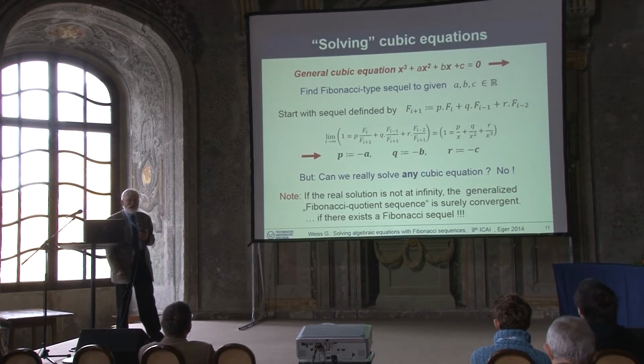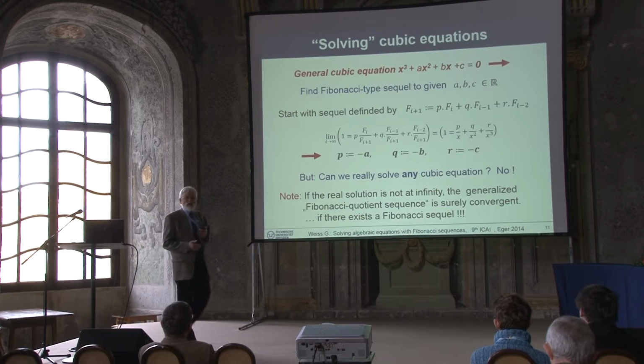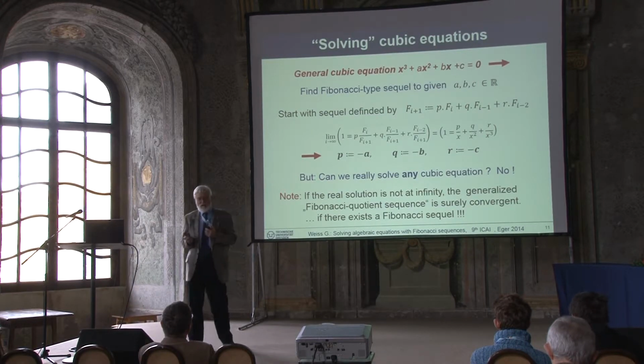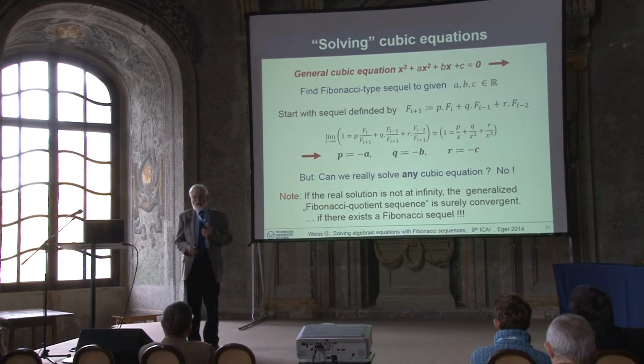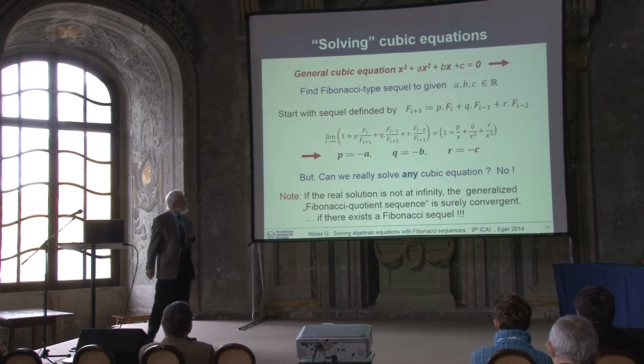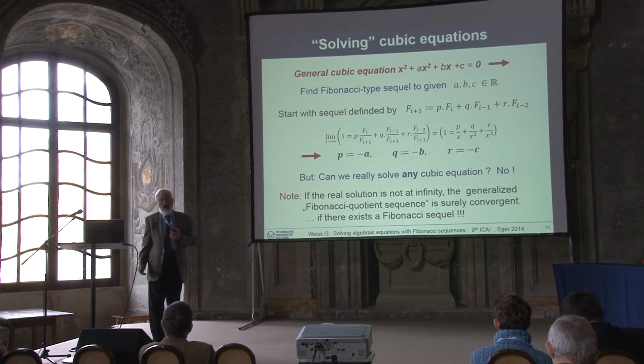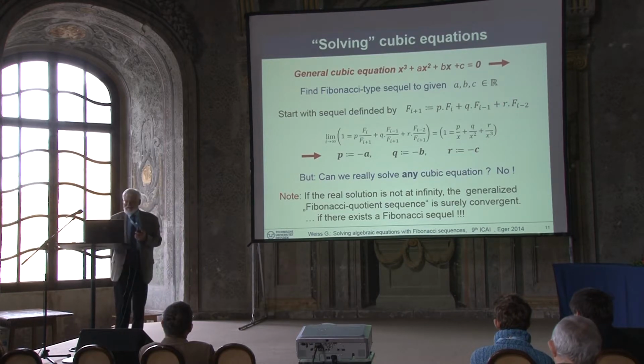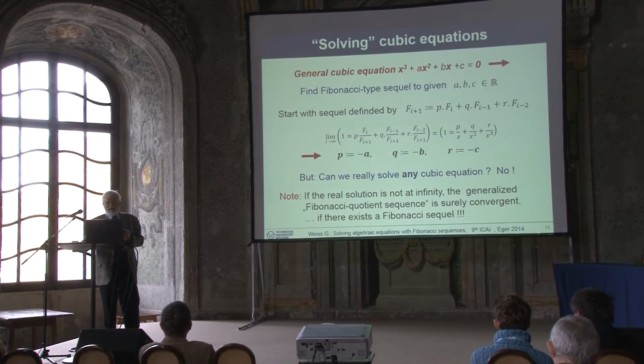And for example, the cubic equation x to the third is equal to 2 is a cubic equation. But the coefficients p and q would be 0, and we only have r, and this doesn't give a Fibonacci type sequence. So we cannot really solve any equations.